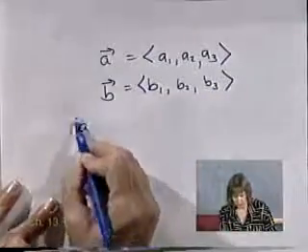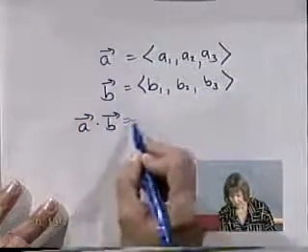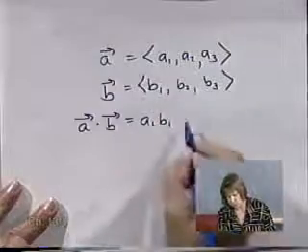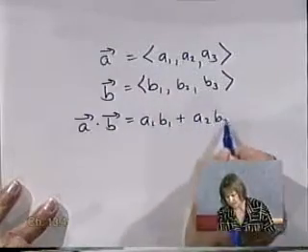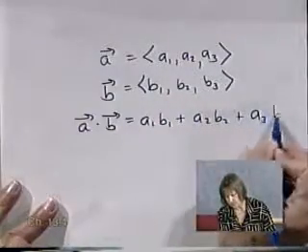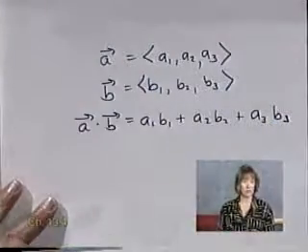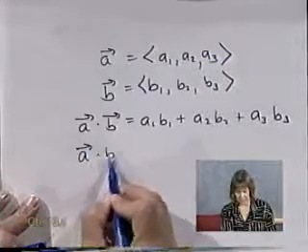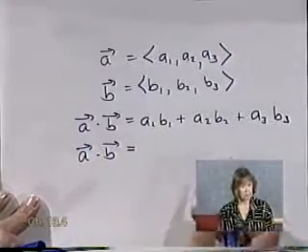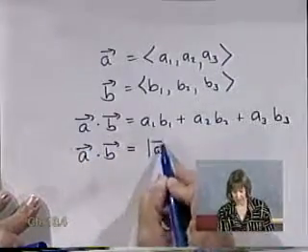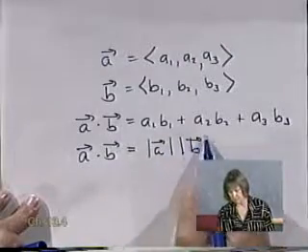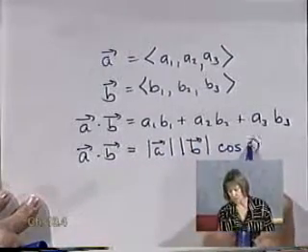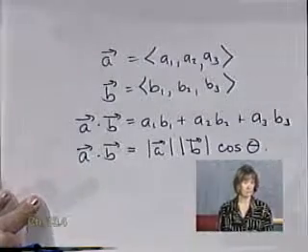The first way we defined A dot B was that you multiply the x coordinates together, plus multiply the y coordinates together, plus multiply the z coordinates together, and that was all well and good. But what was the other way you could take A dot B? Remember what the other definition was? It was the length of A times the length of B times the cosine of the angle between them.